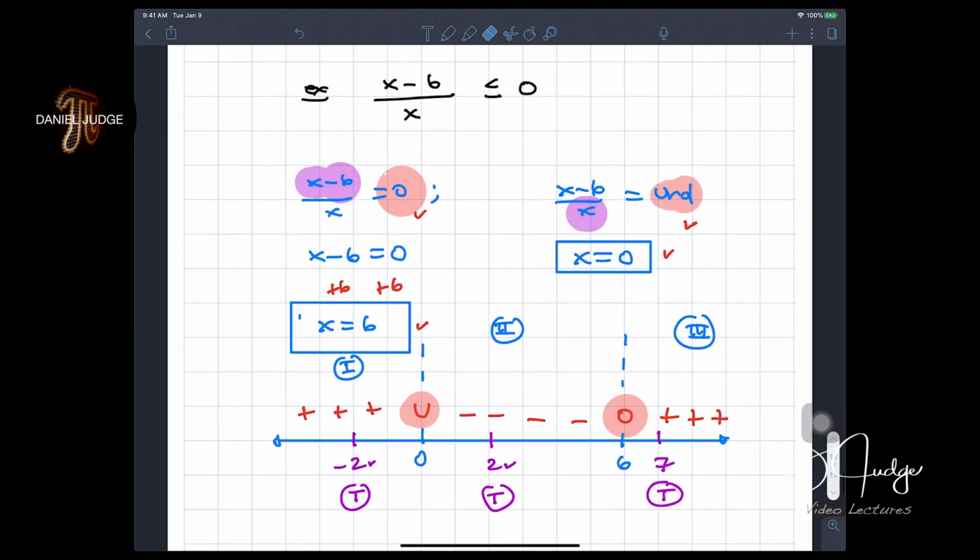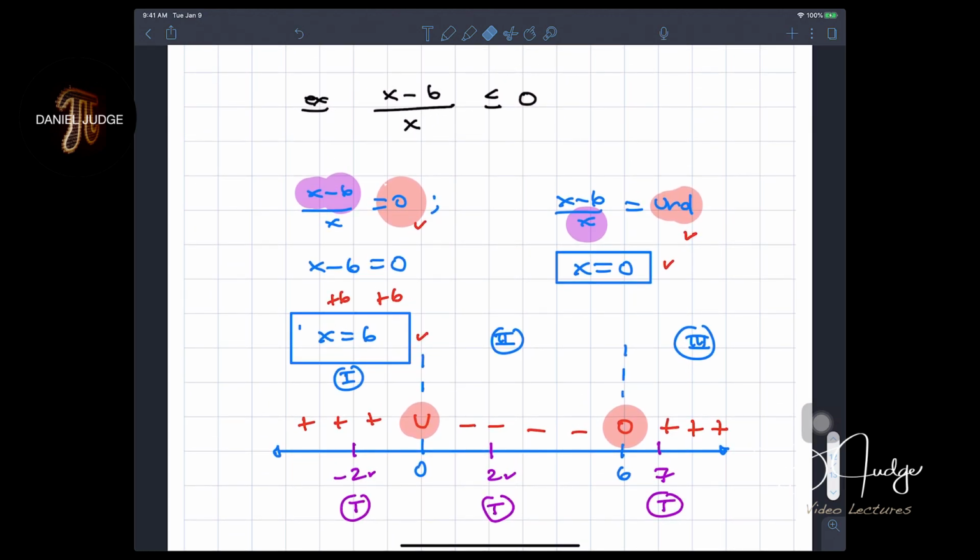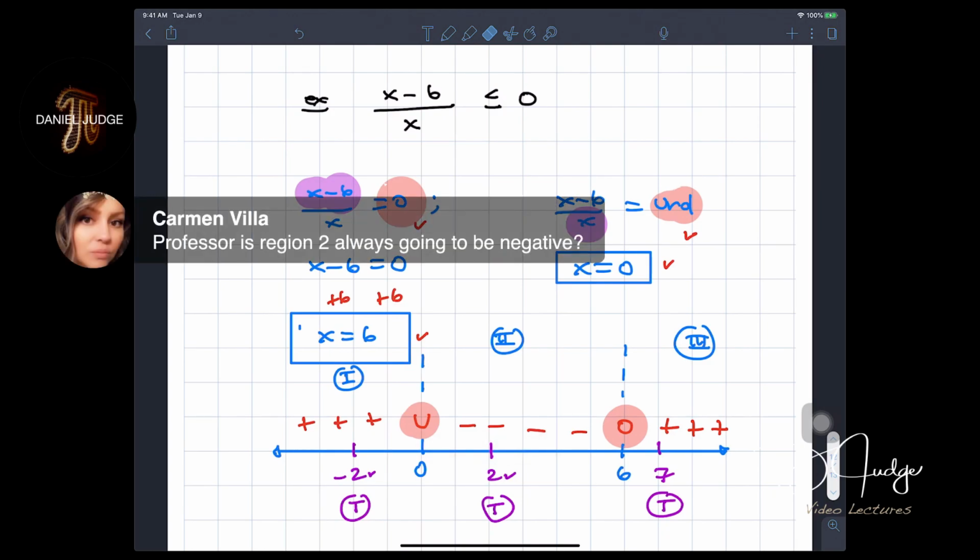Okay, we got some good questions based on some observations here. Carmen, when you first learn this process for sign analysis, generally speaking, well, there's a couple of ways to answer this.